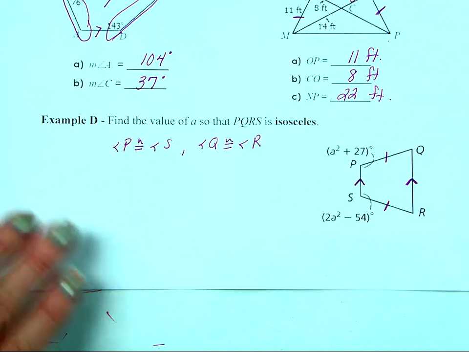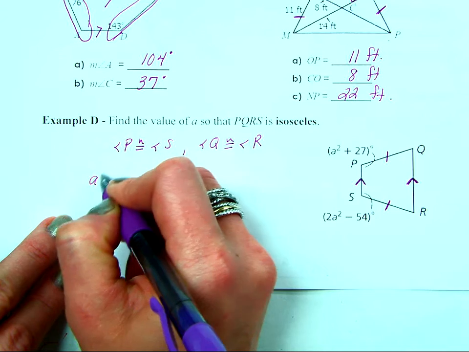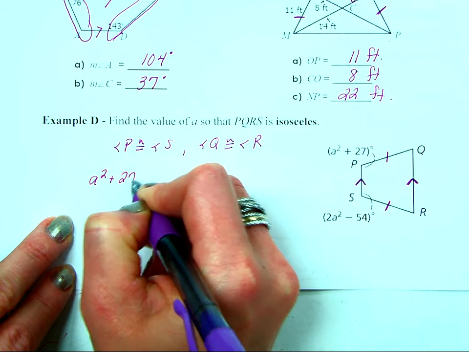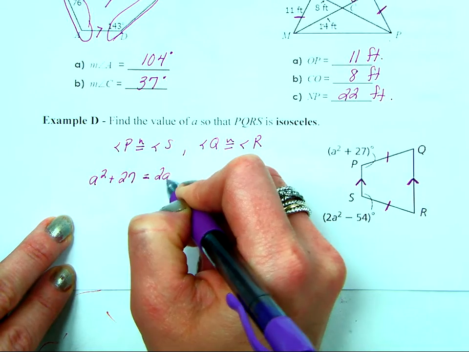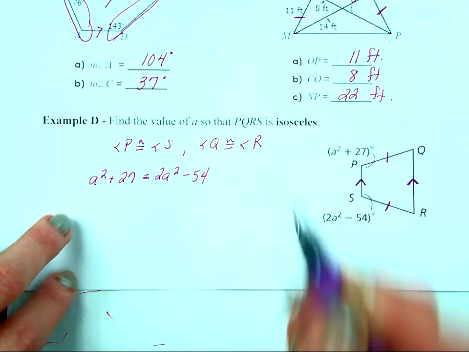Now, I know that I can now take my A squared plus 27 and set that equal to 2A squared minus 54.